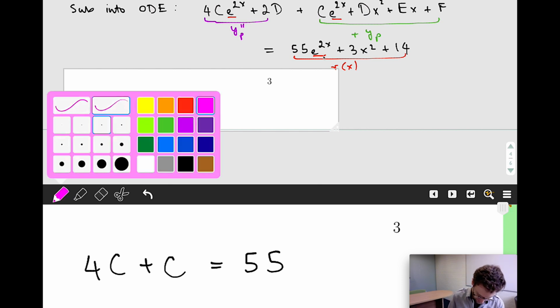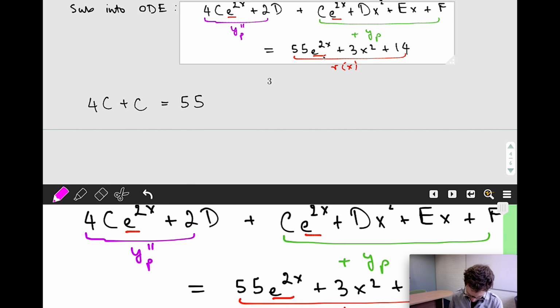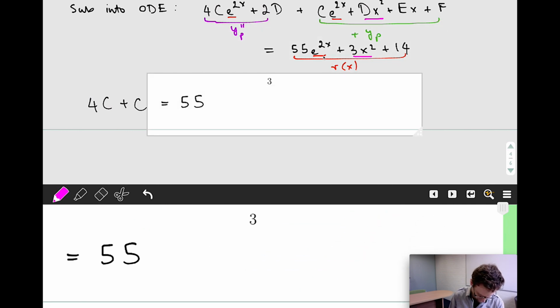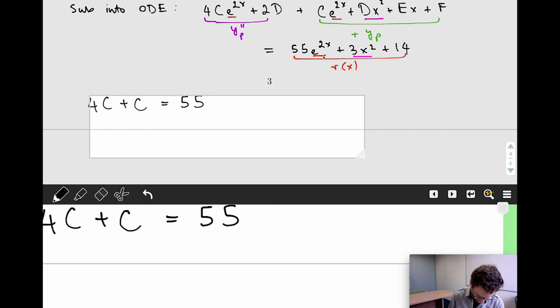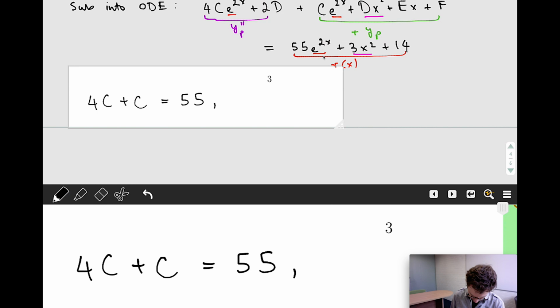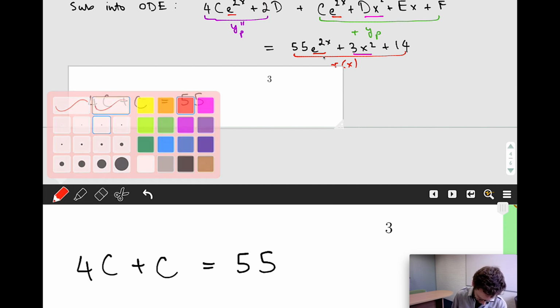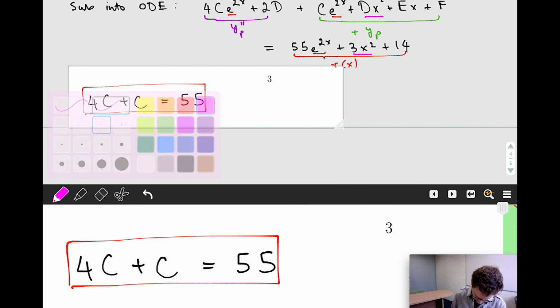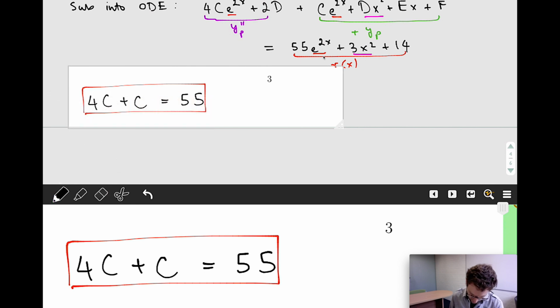What about the terms involving x squared? Well, there's a term there, and there's a term here. So let's put those together. So we get d equals 3.